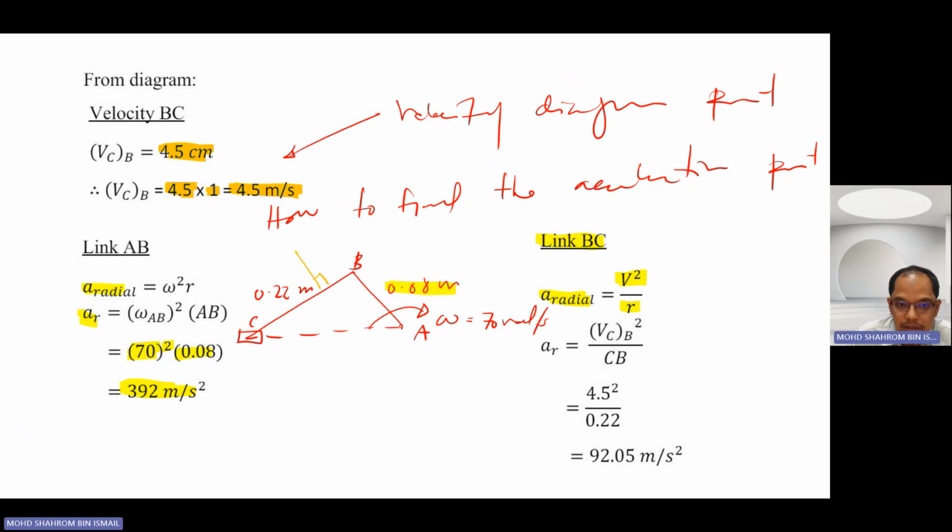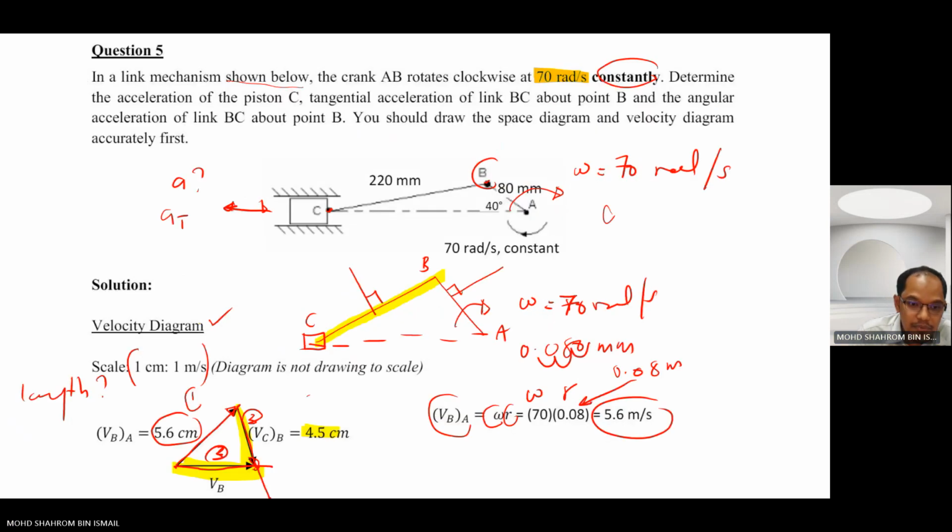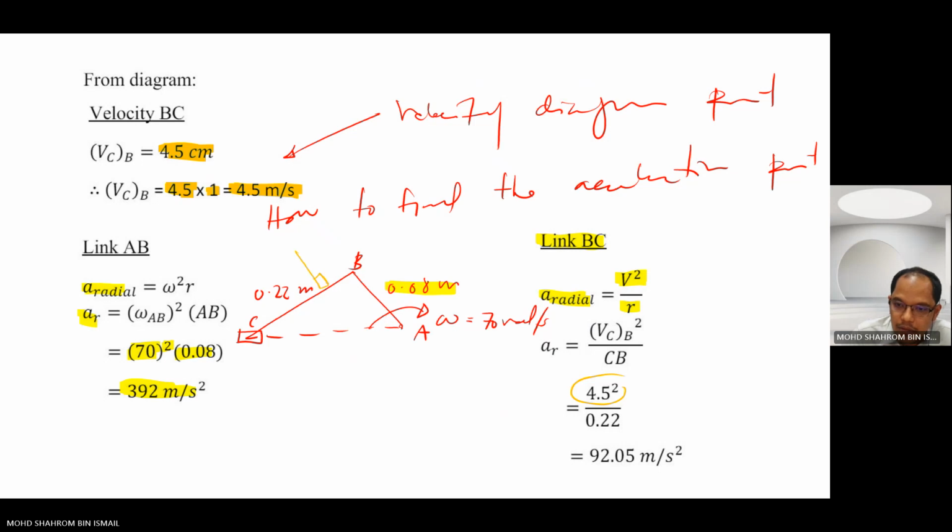This velocity, which is found to be 4.5, squared. So 4.5, you're going to square it according to the equations, and then you're going to divide it by this length, or r, which is 0.22 meter.